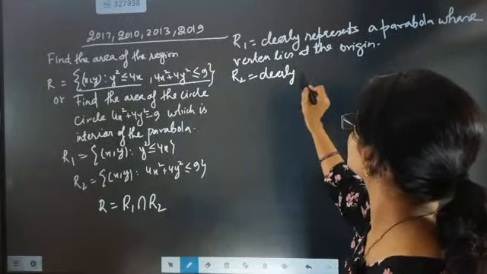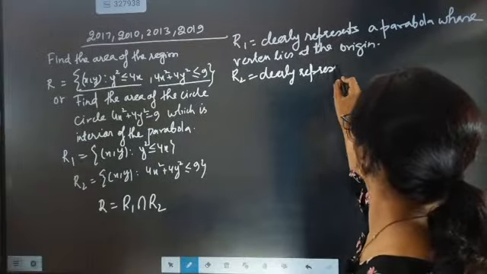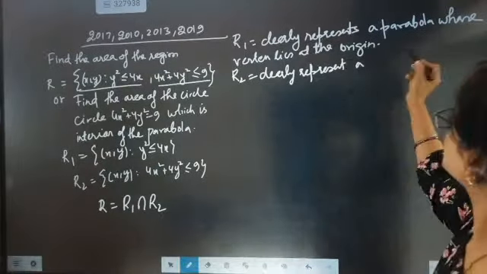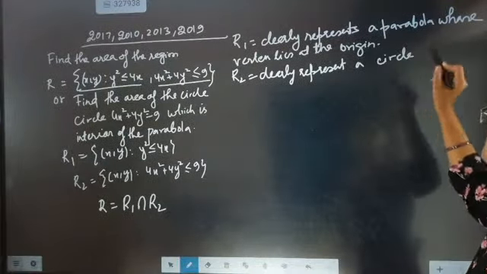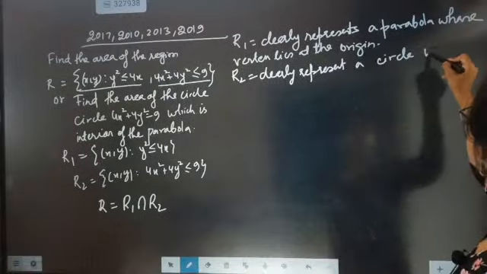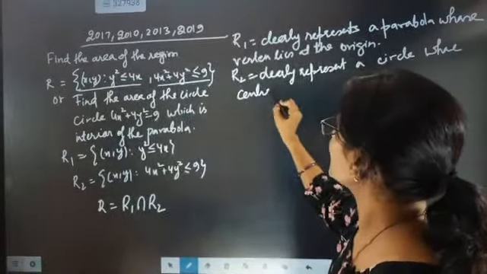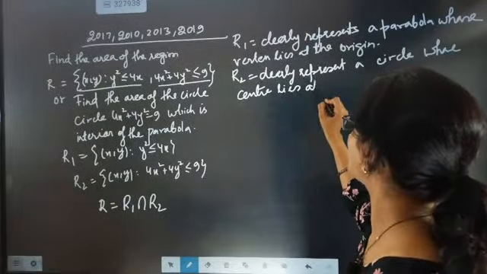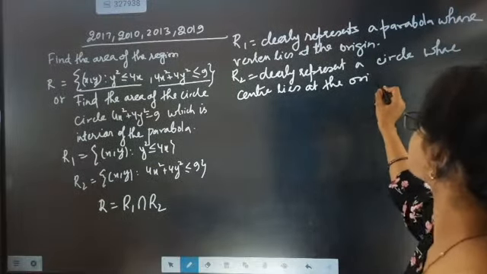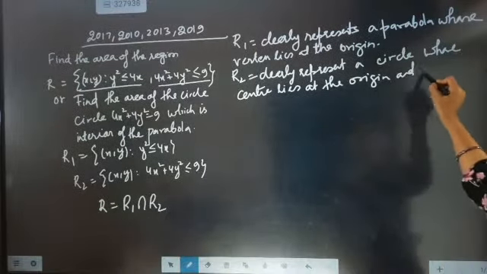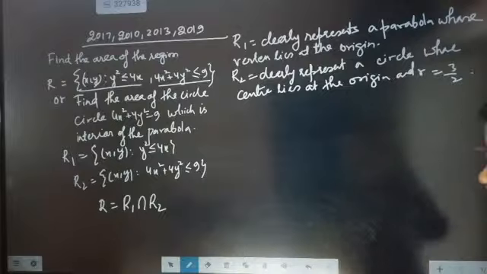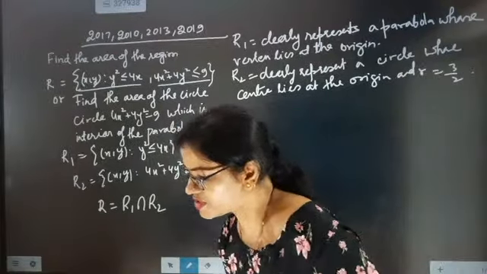R2 clearly represents a circle whose center lies at the origin and radius is 3/2.